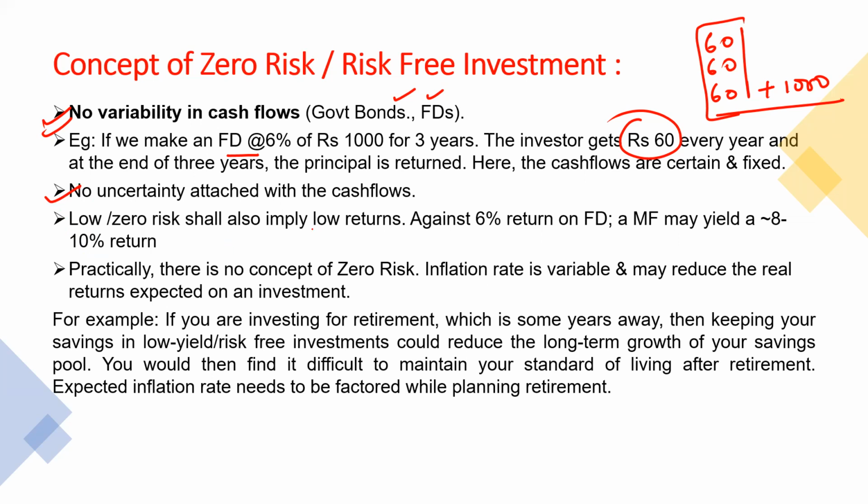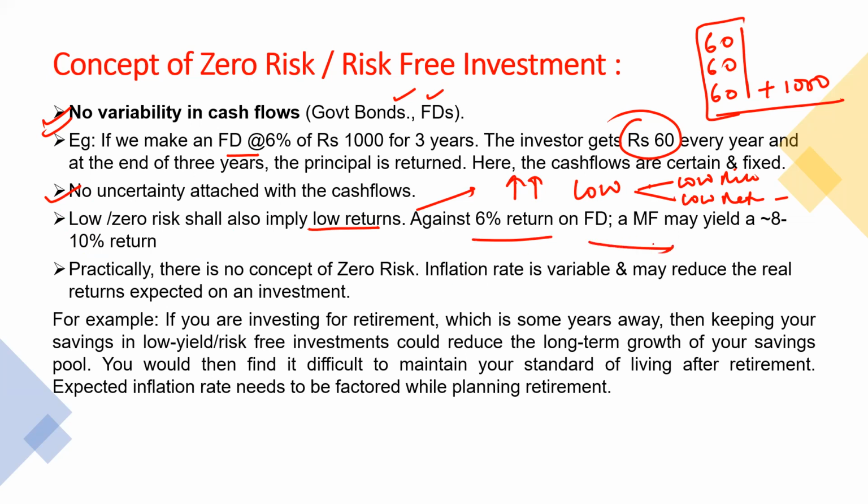So low or zero risk also means low returns. We said that it is not an inverse relationship, which means they move in the same direction. So if you have low risk, the returns will also be low. Low risk, then low returns, right? For example, FD. How much do you get in an FD? Let's say 6%.